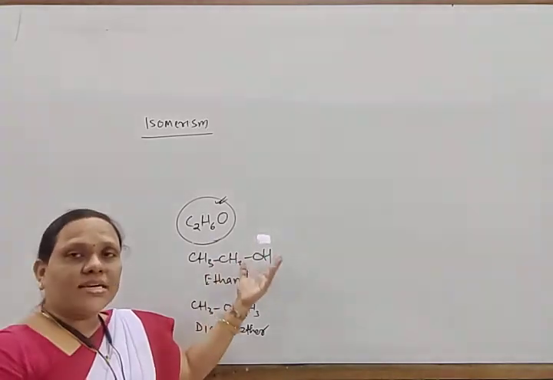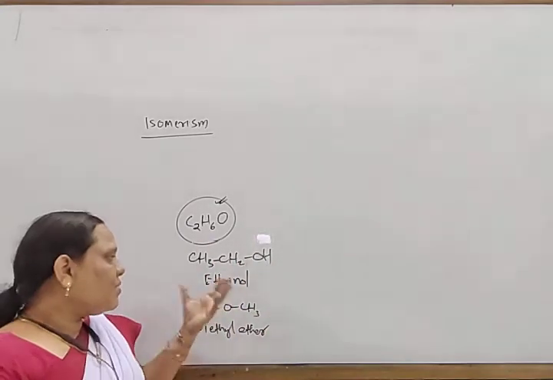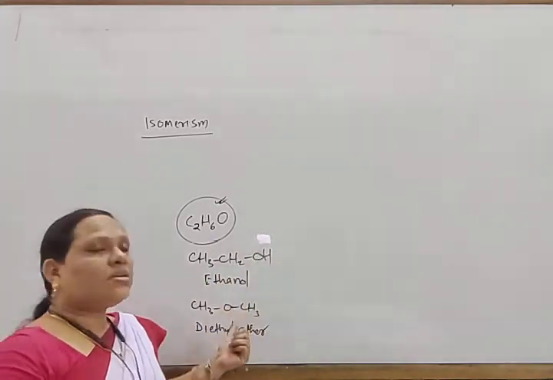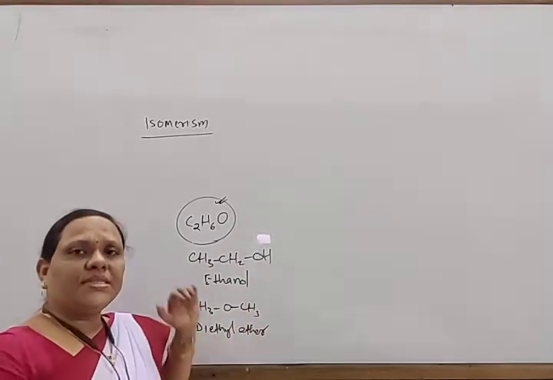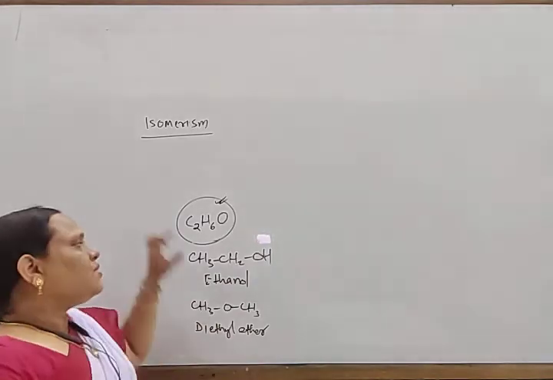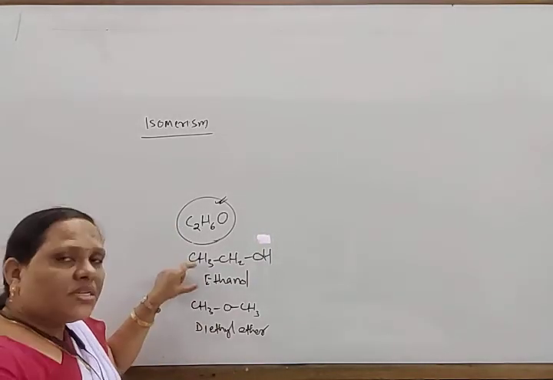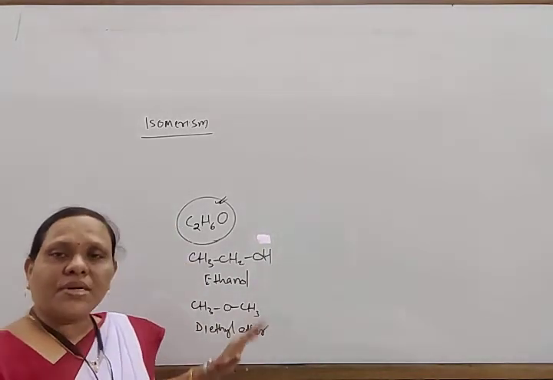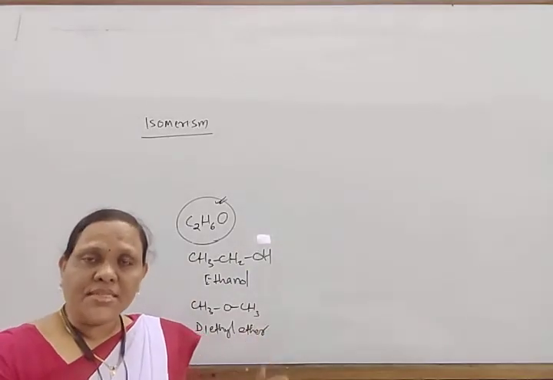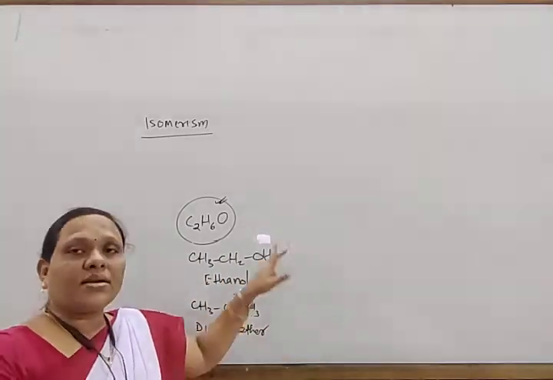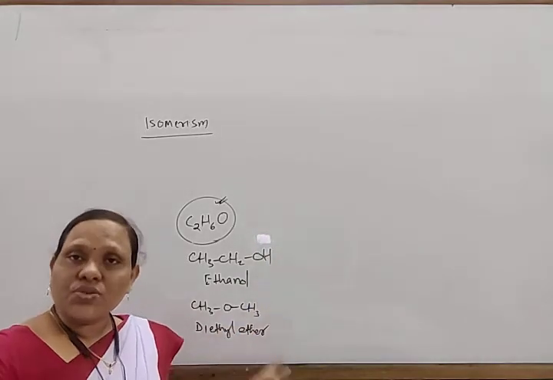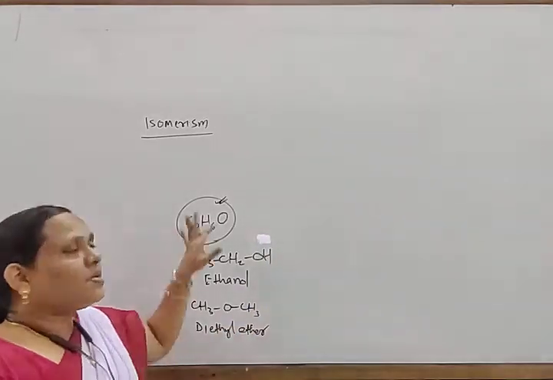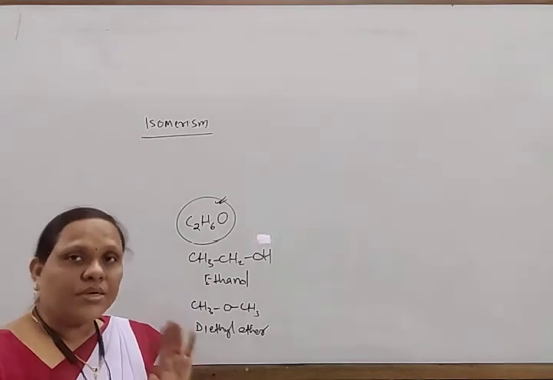It has different types of reactivity because the functional group here is OH, and the functional group here is the ether O. The chemical behavior is different, physical properties are also different. So when the same molecular formula represents two compounds which have different physical and chemical properties, then such compounds are called isomers of each other, and this phenomenon is called isomerism.